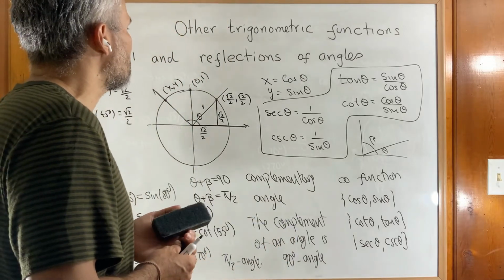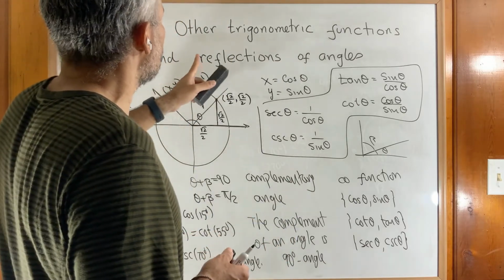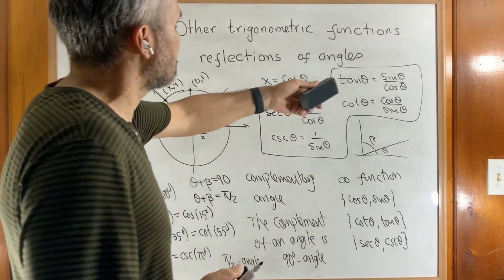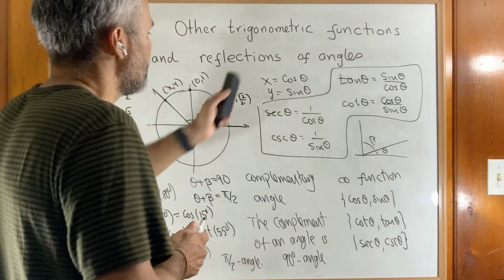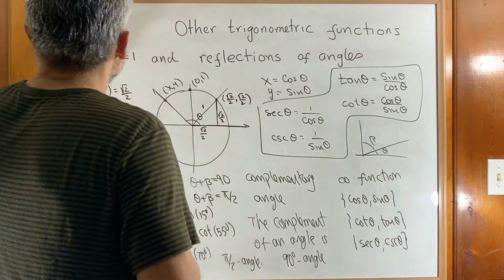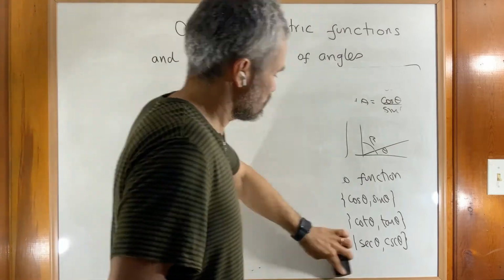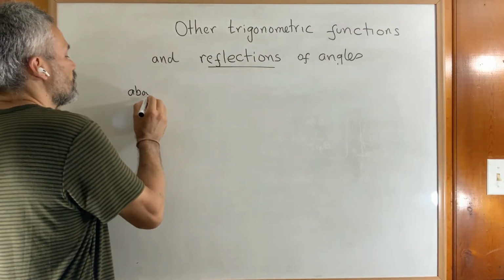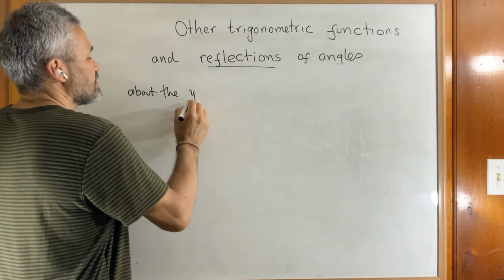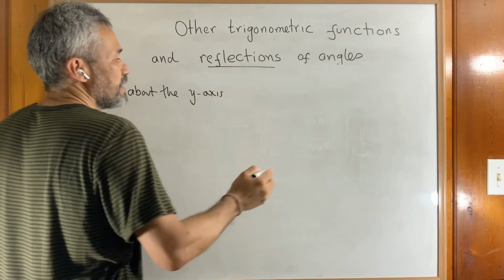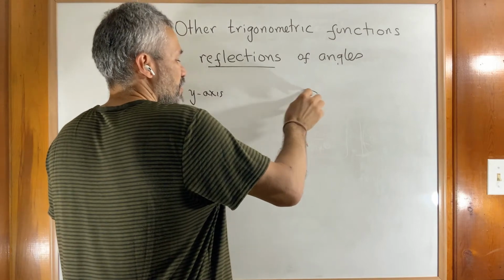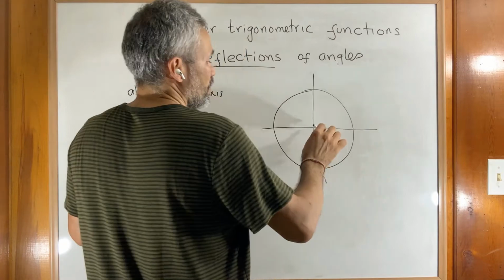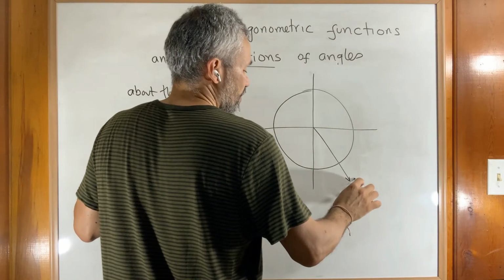Let me explain some relations between reflections of angles and the value of these trigonometric functions. Let's talk about the reflection about the y-axis. Suppose that we have the unit circle, and we have an angle, let's say this angle, theta.